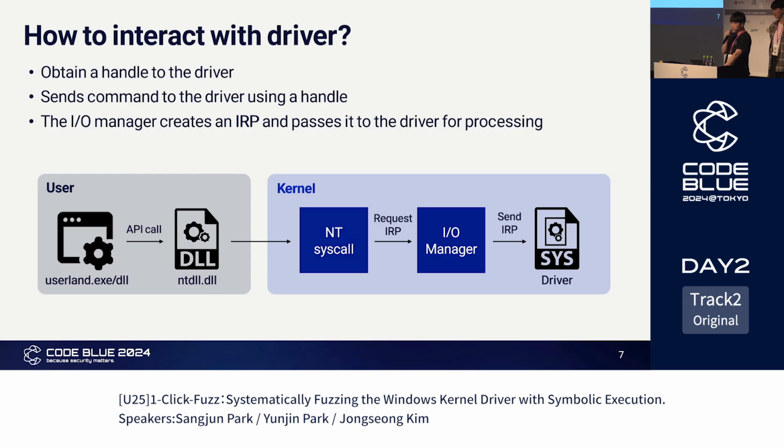This function uses a system call to invoke a higher level IO function in the NTOS kernel. In the NTOS kernel, to handle the application's IO command, a request is made to the IO manager to create a structure called IRP. The IO manager then creates the IRP structure based on the command and sends it to the target driver using an IoCallDriver function, and the driver processes the IO request.